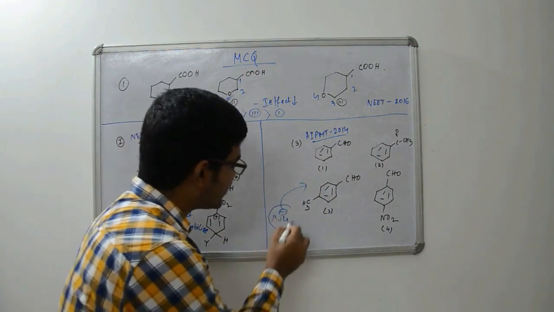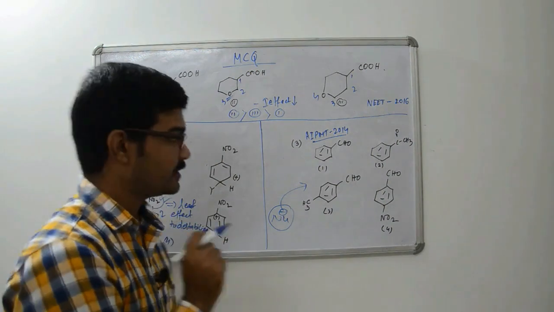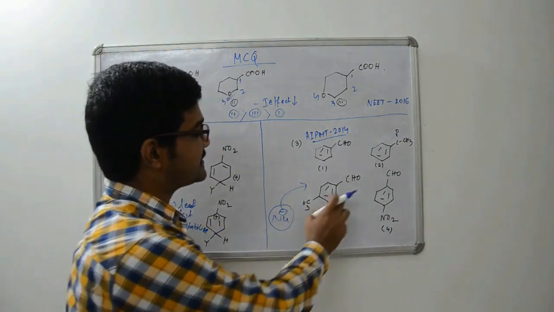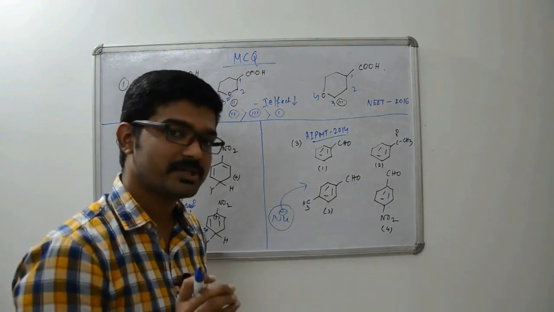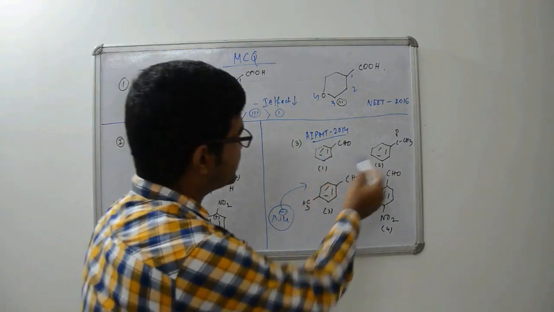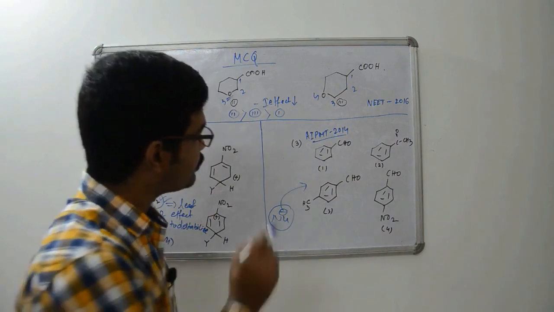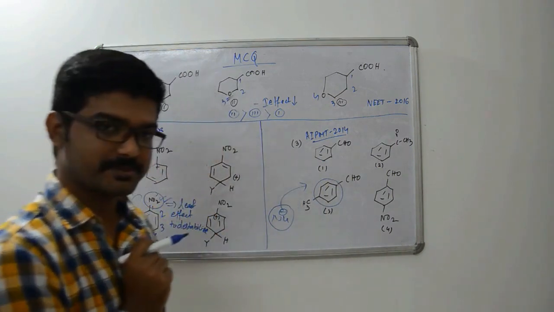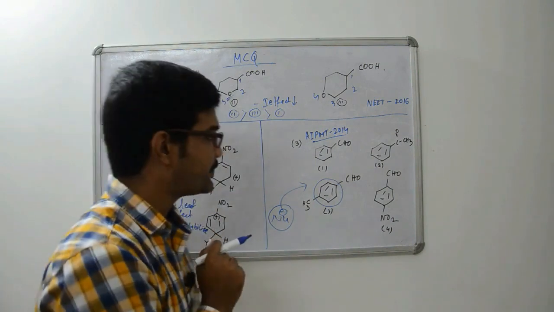So this is already an electron rich species. So when this is already an electron rich species, the substrate needs to be electron deficient. So if we see these 4 aromatic compounds, we know already that benzene is an electron rich species. It was discussed in the first lecture.